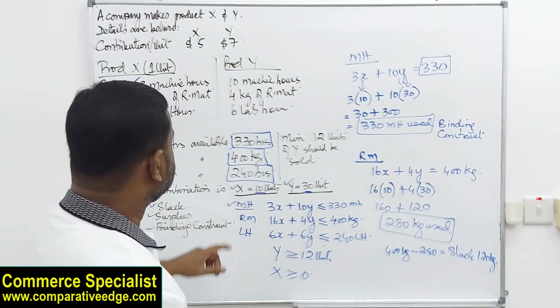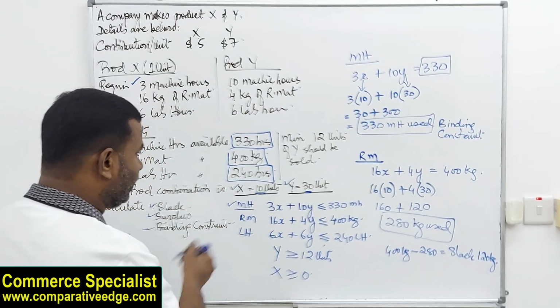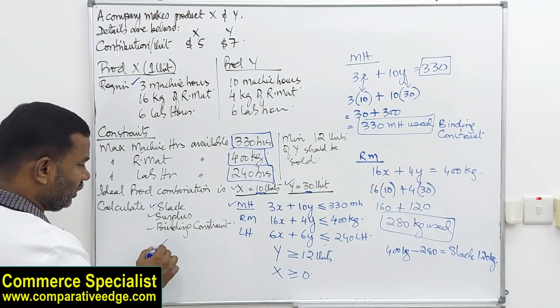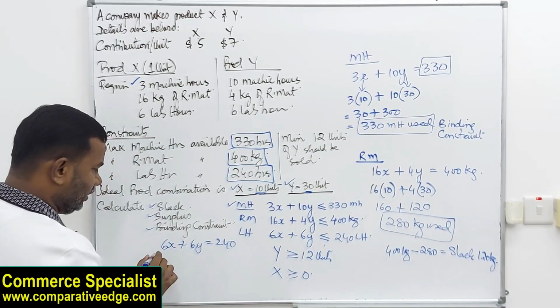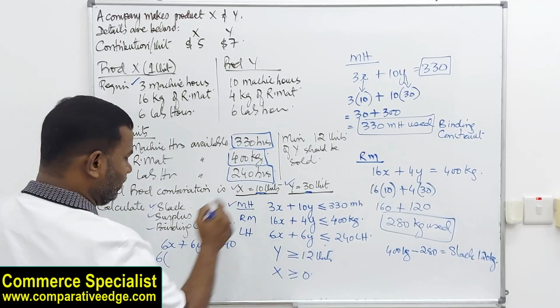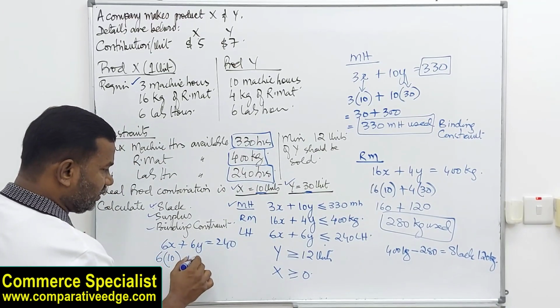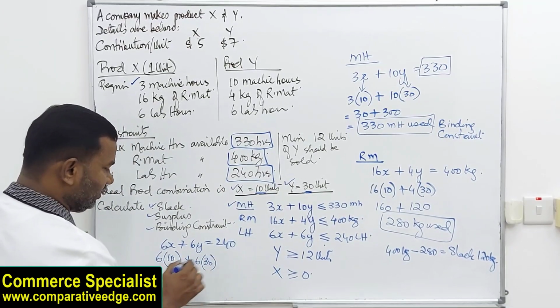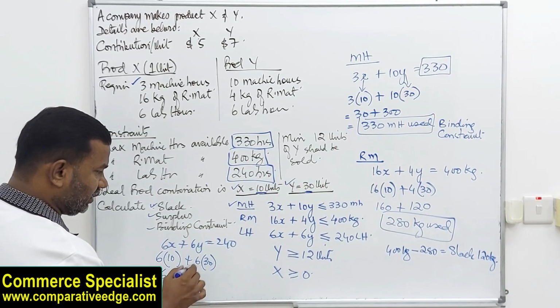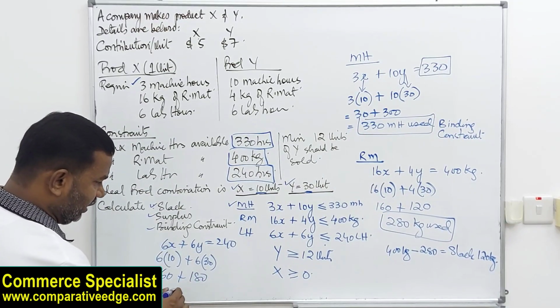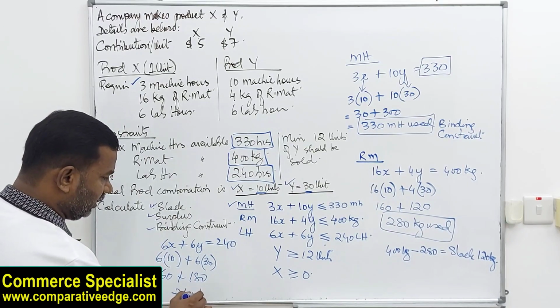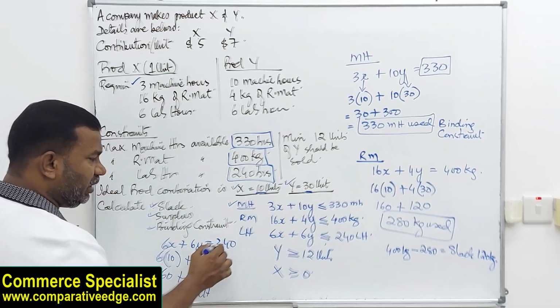Let's talk about labor hours. I'm doing it here, I don't have space. 6X plus 6Y is equal to 240. 6 into X, how many units? 10. Plus 6 into Y is 30. So 6 times 10 is 60, plus 6 times 30 is 180. 180 plus 60 is 240 labor hours. How many labor hours were there?